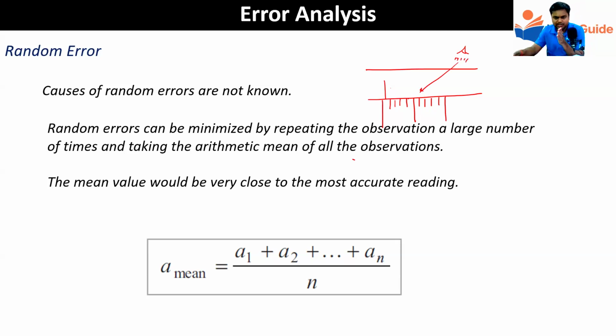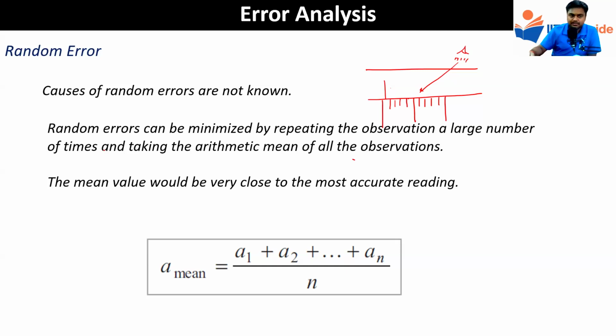So something a little bit here and there may occur. Or, if we are finding the time period of the pendulum, then in starting and stopping the stopwatch, we may go a few microseconds or milliseconds here and there. That also is a cause of error, but that is a random error.